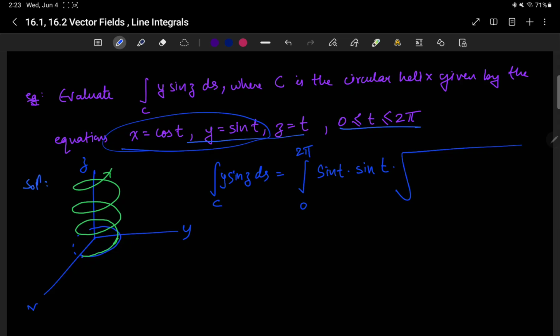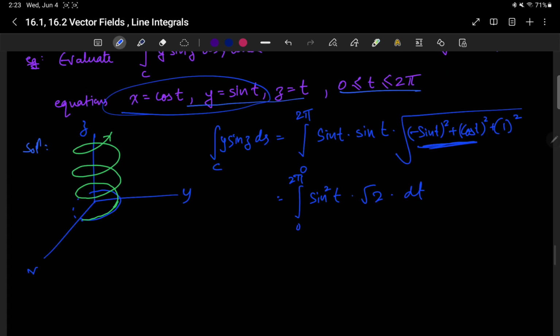The derivative of x is negative sine t, squared. The derivative of y is cosine t, squared. The derivative of z is 1, squared. So you have 0 to 2 pi sine squared t, and the sine squared plus cosine squared becomes 1, so the whole thing is just root 2 dt.